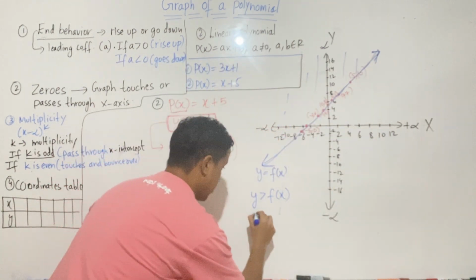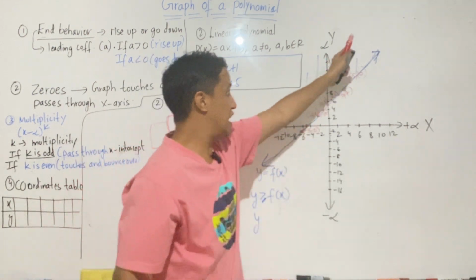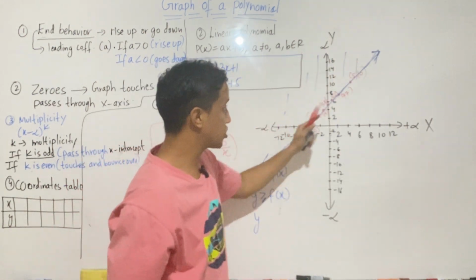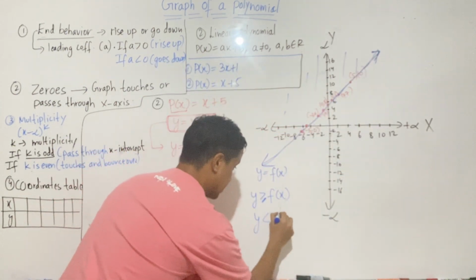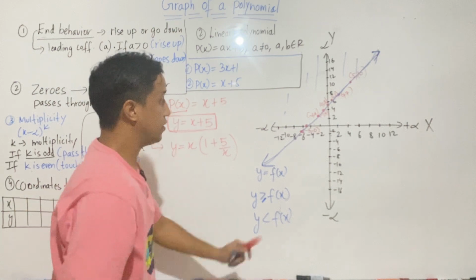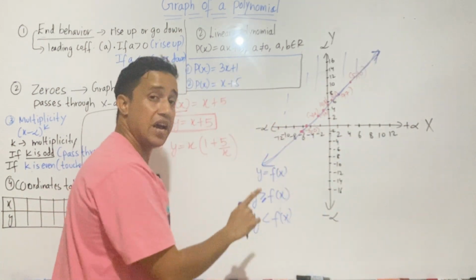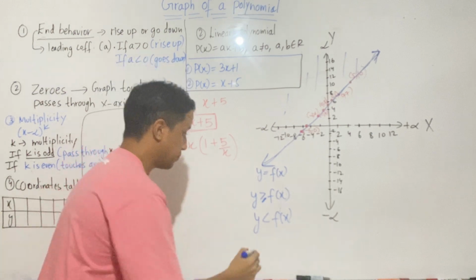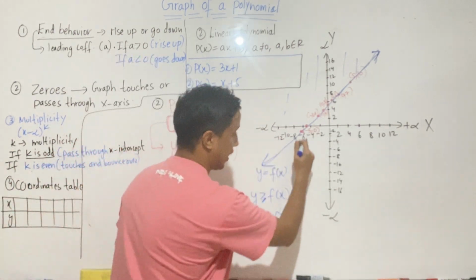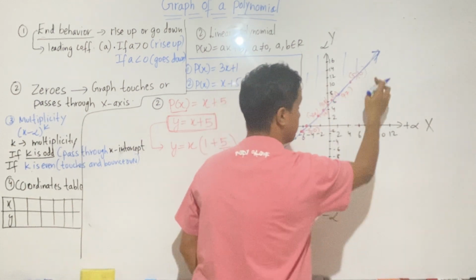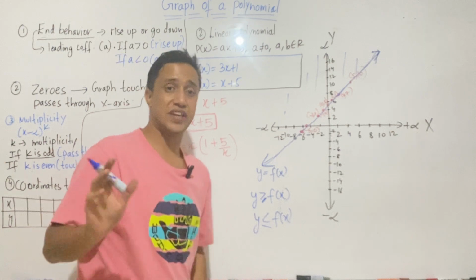Okay, if y is greater than or equal to f(x), again this region but curve included. Okay, y less than f(x), then this region, but curve not included. But if y is less than or equal to f(x), then again this region but curve included. I hope I'm making sense to you.